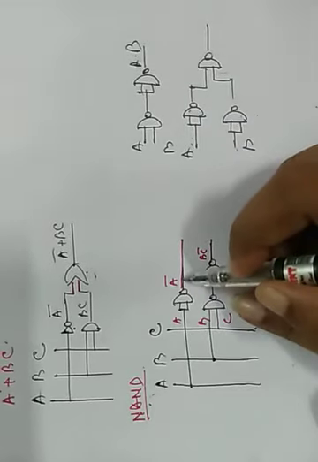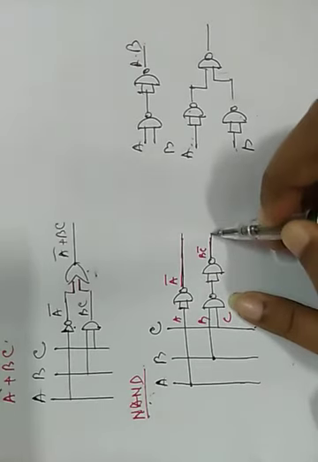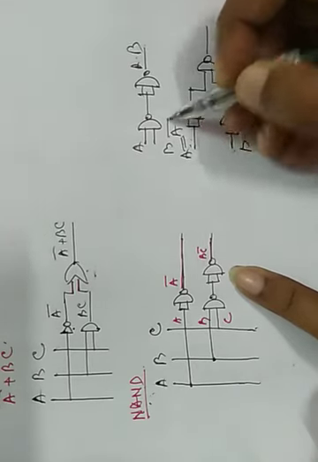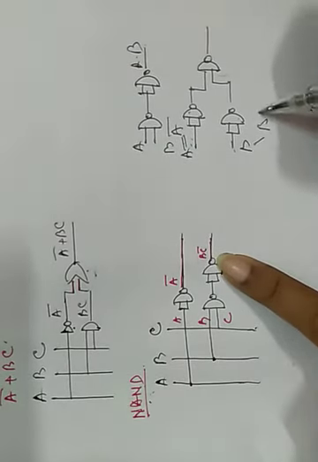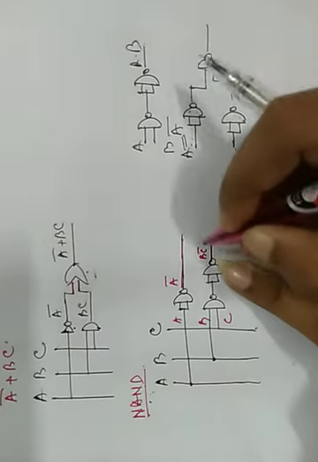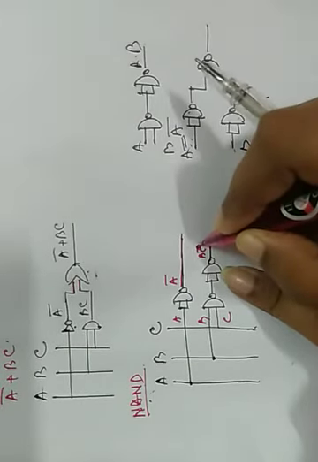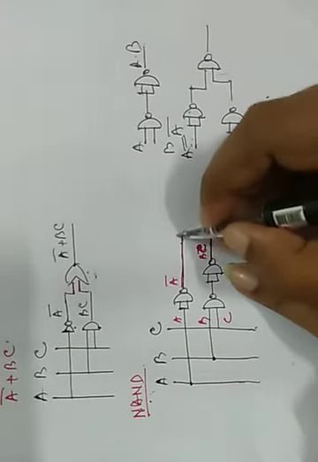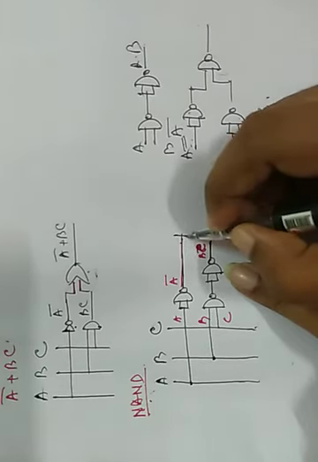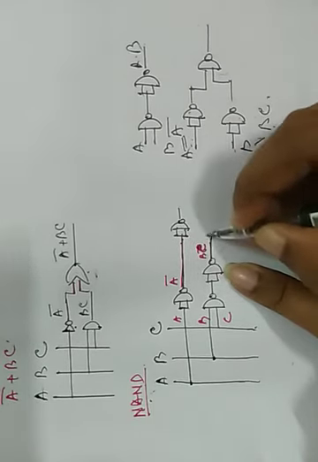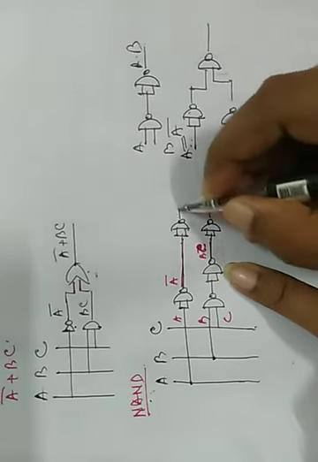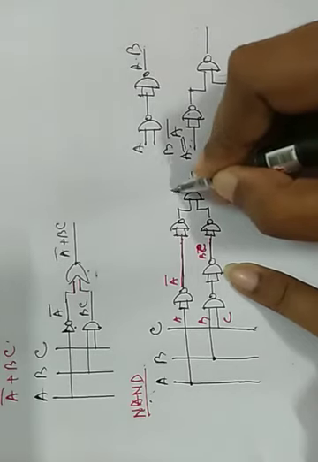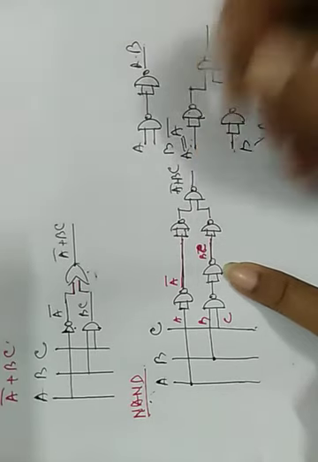Instead of A we are using A bar, and instead of B we are using BC, not bar, obviously. As 3 NAND gates are required, one is placed here, another here, and both feed the last one. So this will give A bar plus BC.